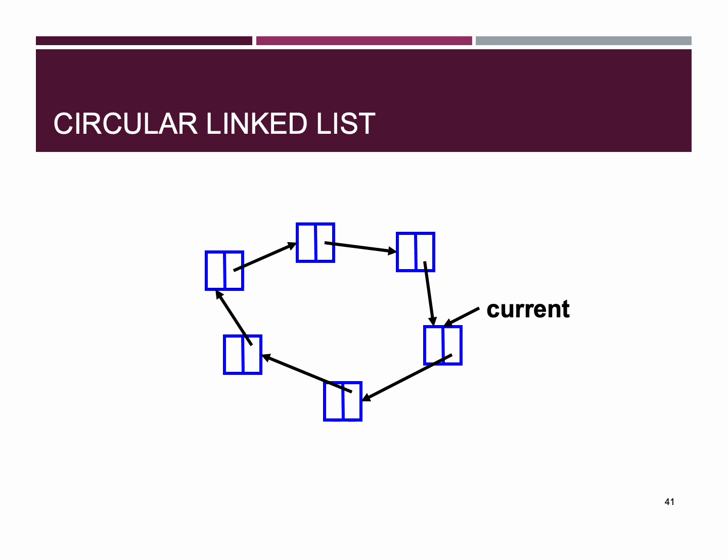This type of list is useful in scenarios where it is beneficial to loop through the list continuously, such as in round-robin scheduling or in certain buffer implementations. In this diagram, we see that the current pointer is pointing to one of the nodes, and by continuously following the links, we would eventually circle back to the current node. This continuous traversal property is what makes the circular linked list unique.